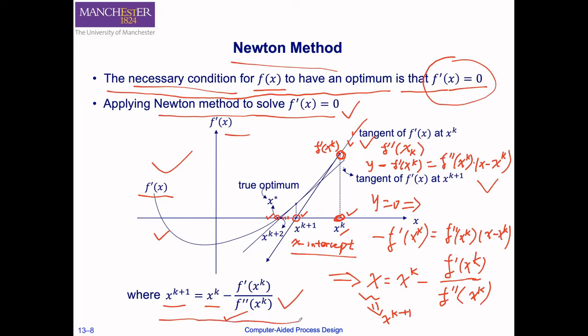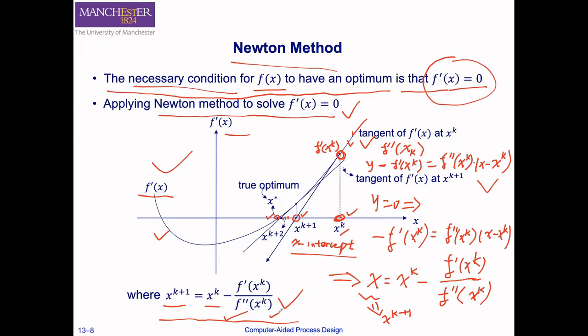In Newton's method, better approximations to the root can be found using this formula until the difference between two successive approximations satisfies the specified tolerance. Then the root for the equation f prime x is equal to 0 is found.